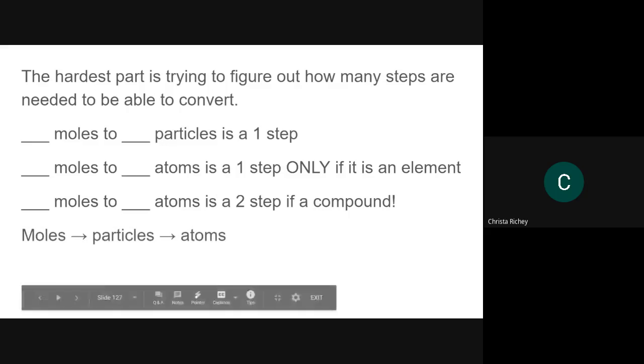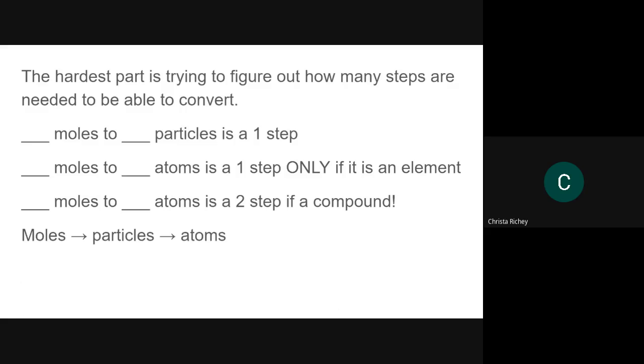One more on here. So a 2-step, now remember this can be reversed. You would go from moles to particles, and then particles to atoms. Or, if you flip it, you could go from atoms to particles, and then from particles to moles. But you're constantly diagonally linking these things together.